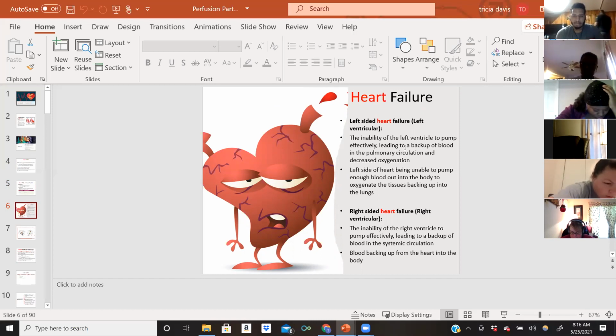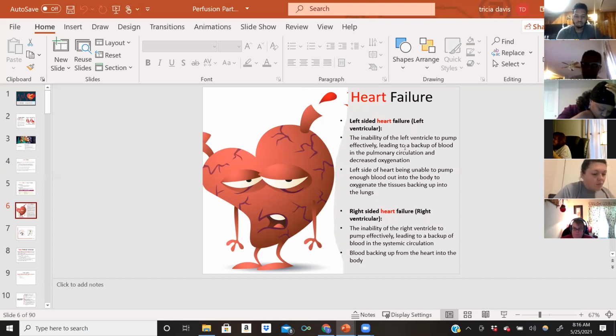Left-sided heart failure is the inability of the left ventricle to pump effectively. It leads to a backup of blood in the pulmonary circulation and decreased oxygenation. The left side of the heart is unable to pump enough blood out into the body to oxygenate the tissues, so it's backing up into the lungs.